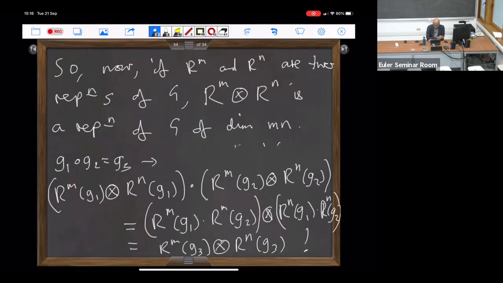So we can verify that using the property that we just discovered. By looking again at G1 times G2 is G3, there's a matrix for G1 in each representation, and I can take their tensor product. Then I can multiply it by the corresponding thing for G2, which is this big matrix here.